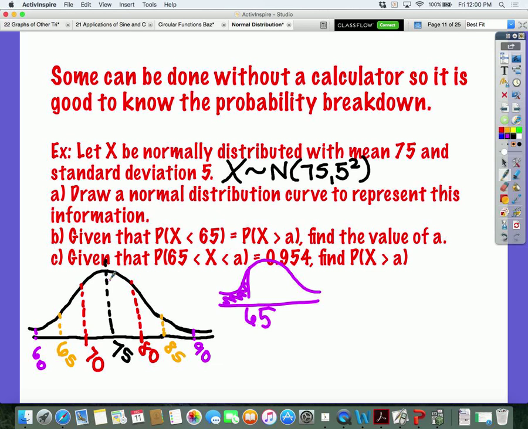Add those two and then subtract it to get what? And this is without a calculator. So what's 47.5 plus 50? So if I subtract that from 1, 2.5%. So that's your probability, a percentage. And you have to figure out what other value of A has the same type of percentage.